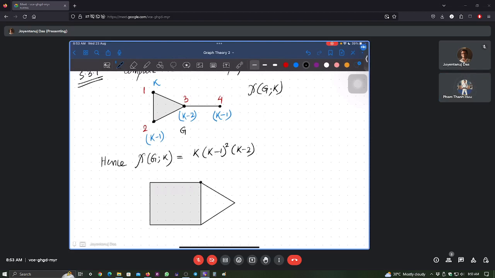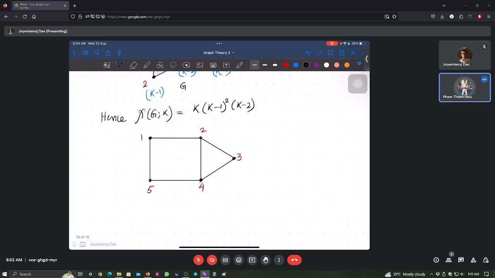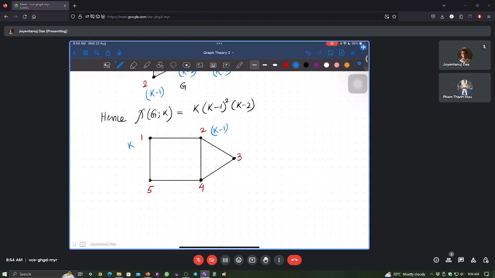So there are five vertices. The first is k, the second is k minus one.